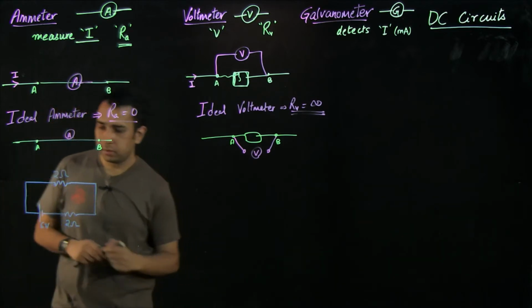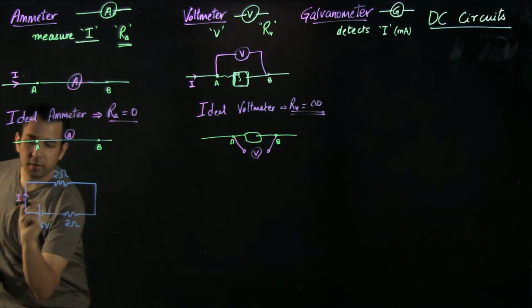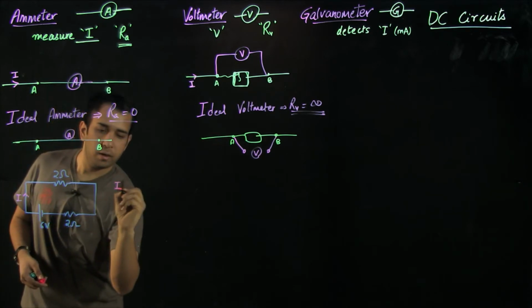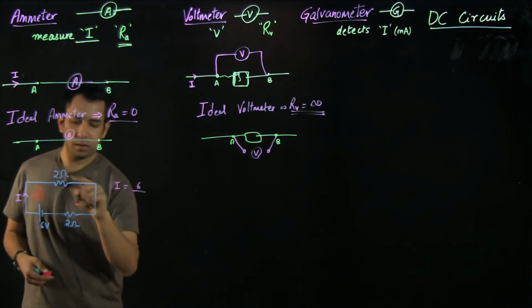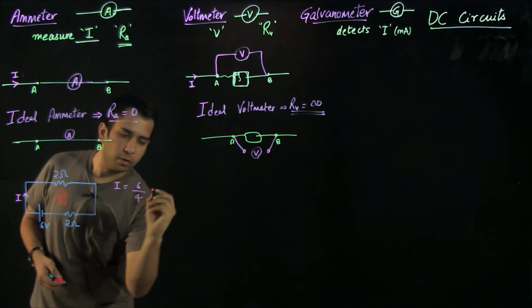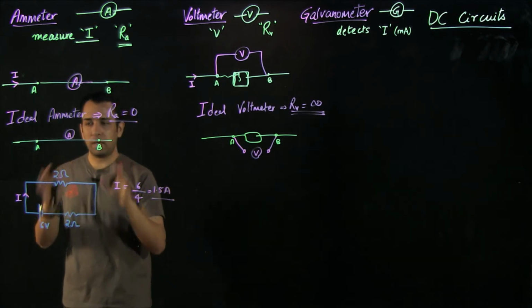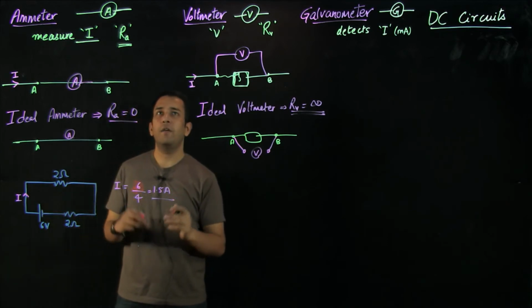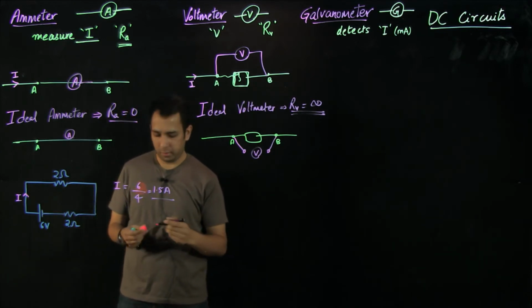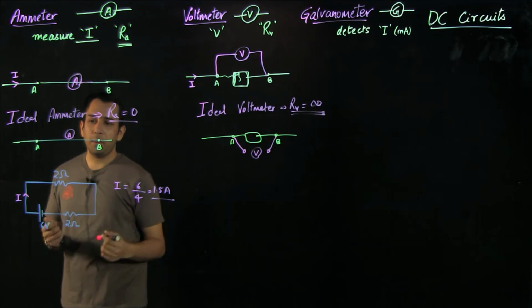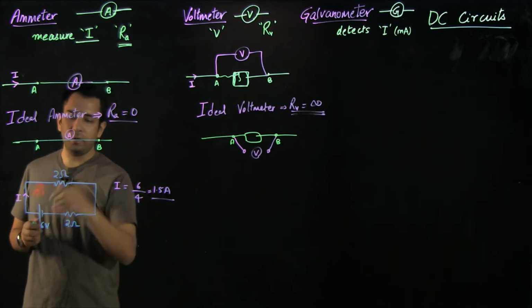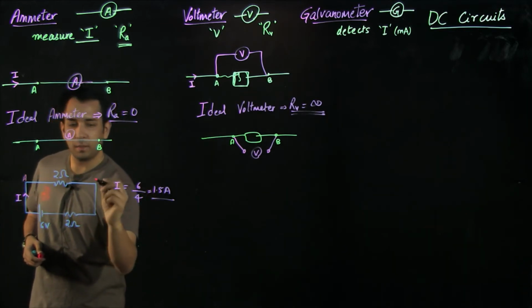So now we know that the current which is flowing in this circuit would be 6 volts upon, because these two are in series, 4, which is 1.5 amperes. So this is the current working of the circuit when I have not applied any ammeter or voltmeter. So let us say I need to measure the current which is going in this branch. Let's say I am naming the branches.